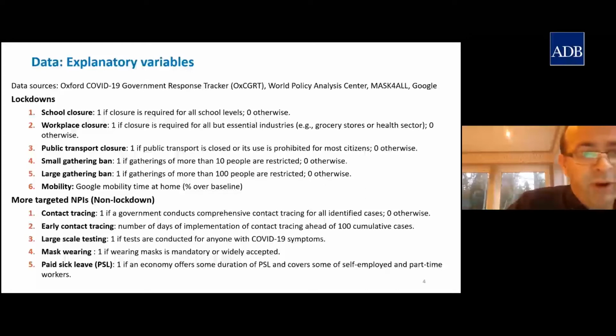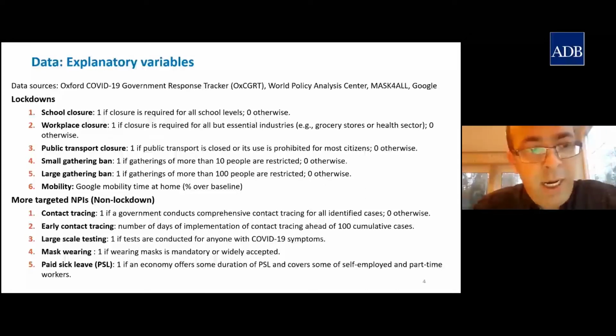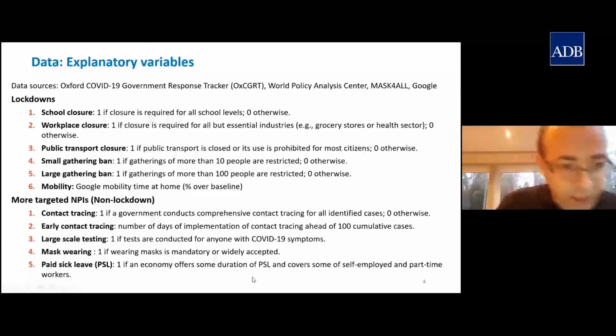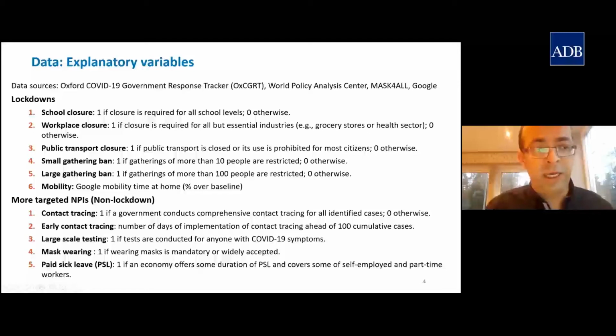We also have contextual or other non-NPI types of measures such as contact tracing, the use of early contact tracing, large-scale testing, whether it's present, whether masks are mandated, and whether there's a paid sick leave policy. Now, the last variable is something that we will bring in. It's a time invariant variable, but we bring it in as affecting one of the other measures later, as I'll explain.